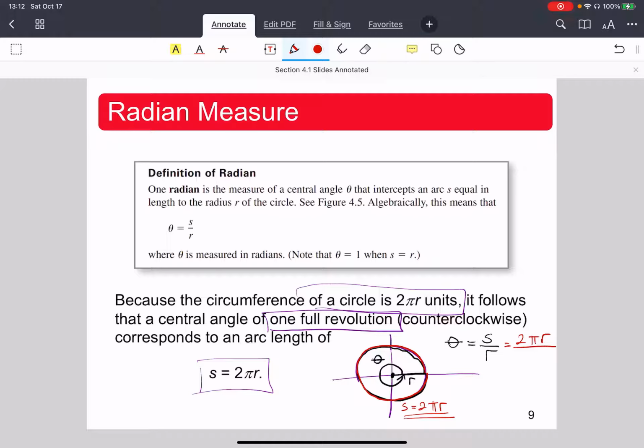And then I'm going to divide that by r, which is the length of my radius. You guys realize the r's will cancel, so then my theta just becomes 2 pi. What that means is that one full revolution, counterclockwise of course, will produce 2 pi radian measure. The reason why one full rotation is 2 pi radians is because the circumference is 2 pi r.